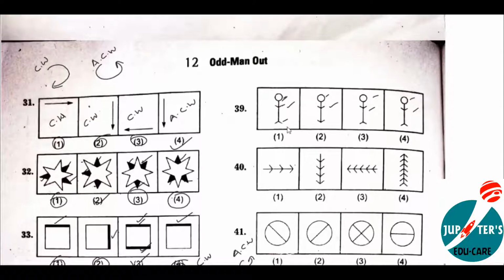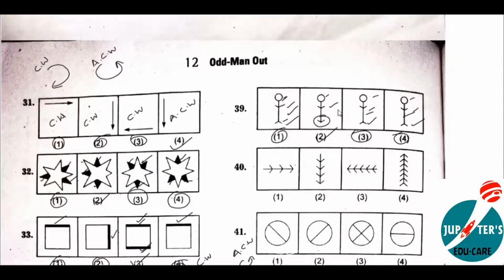Next, coming to legs, this figure. This one is similar, the third option is similar, the fourth option is similar. But in case of option 2, it is different. So option 1, option 3, option 4, we are having the same designs. But in case of option 2, we are having a different design. So option 2 is our answer.